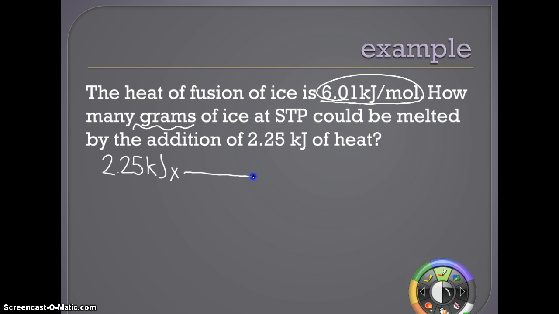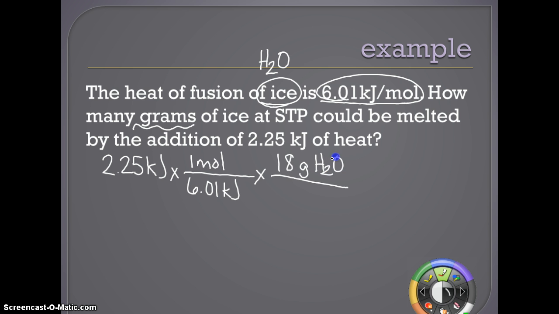Since we need moles to get to grams, we're going to put the 1 mole over the 6.01 kilojoules, and we need it in grams, and we are talking about ice, which is water, so we have H2O, so the mass of that is 18, so we're going to have 18 grams of H2O per mole.